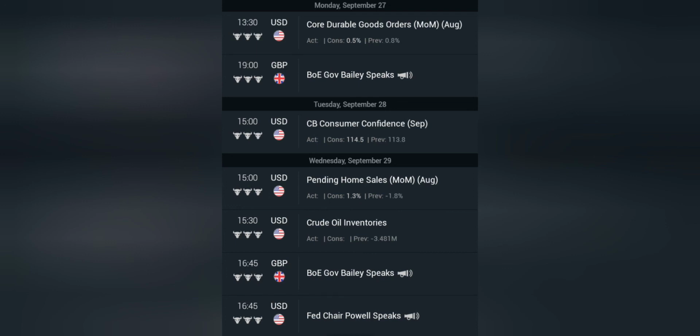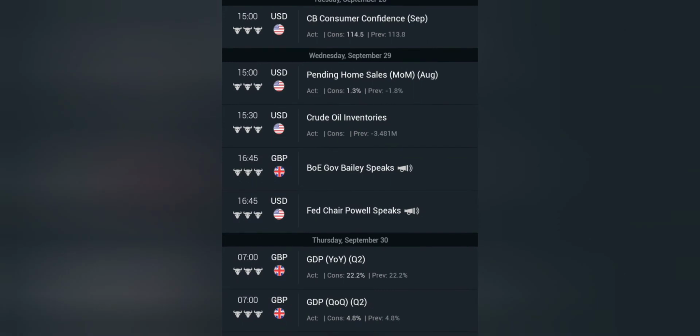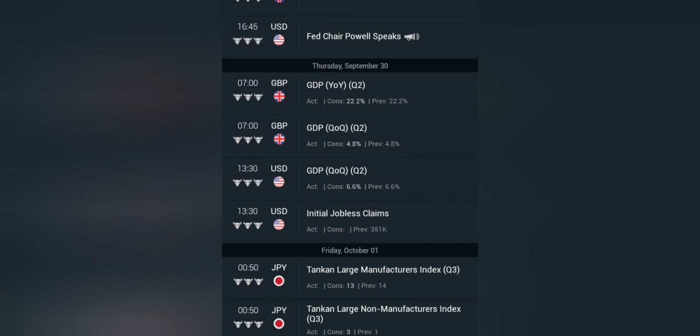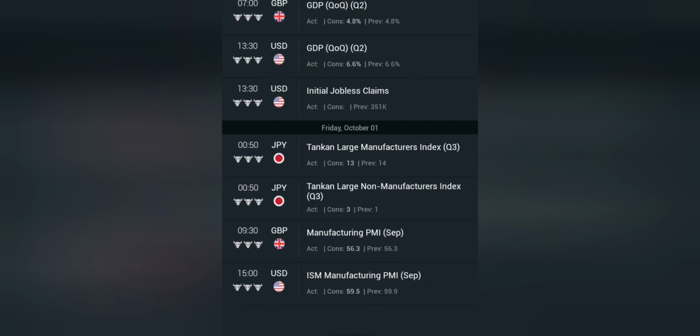The CB consumer confidence for September on Wednesday, the pending home sales on the USD, the crude oil inventories on the USD, Governor Bailey's speech, and Chair Powell's speech also. And on Thursday, the GDP year on year, GDP quarter on quarter for the pound, GDP quarter on quarter for the USD, and initial jobless claims. On Friday, the manufacturing PMI, the ISM manufacturing PMI for the dollar.